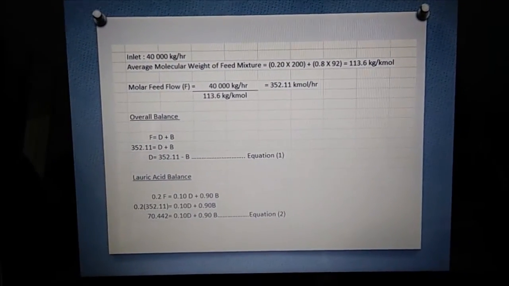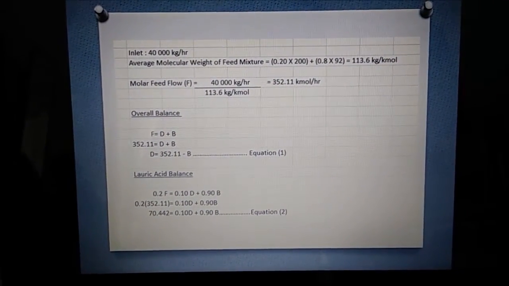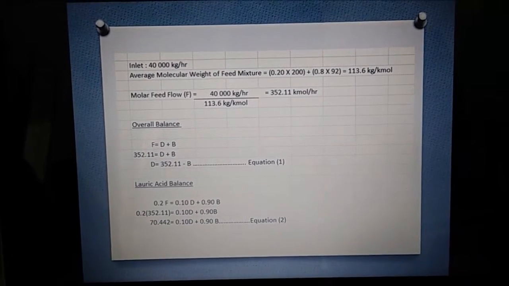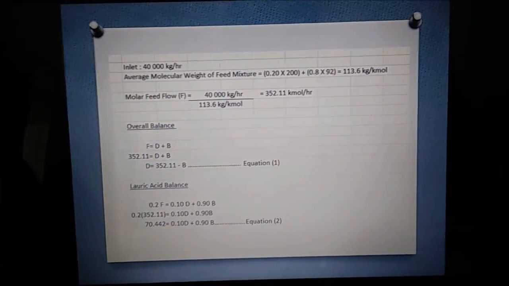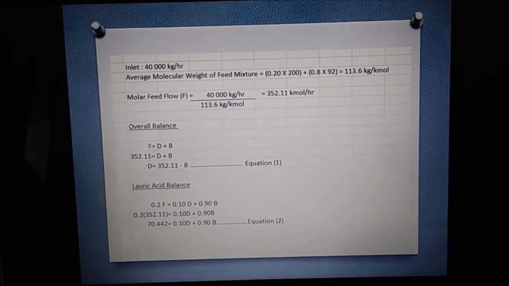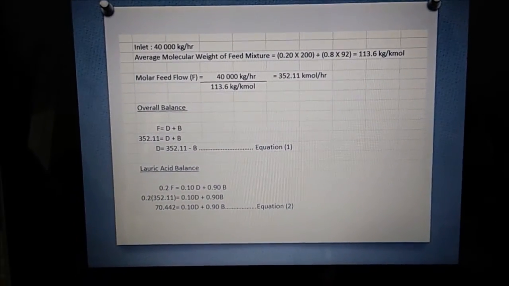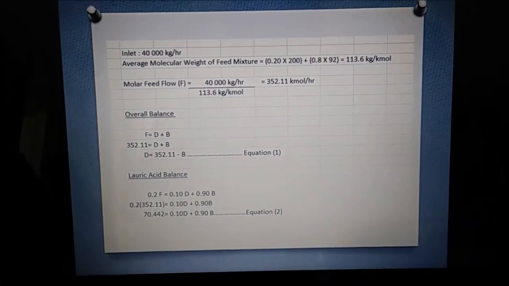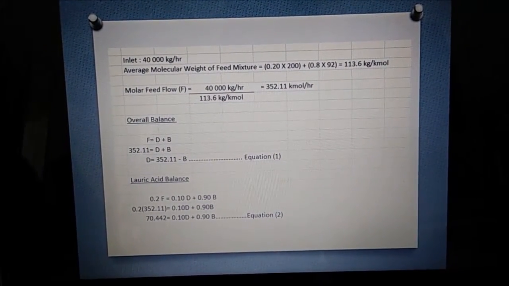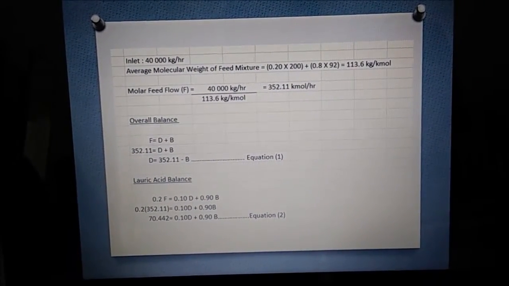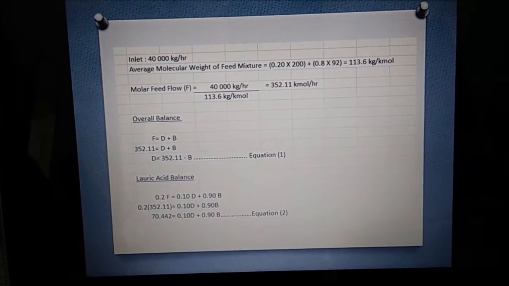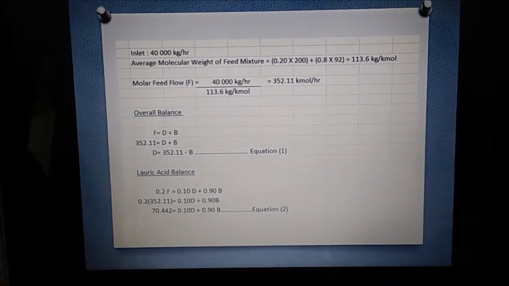For the overall balance, F equals D plus B, so 352.11 equals D plus B, and D equals 352.11 minus B, as equation 1. For the lauric acid balance, 0.2 F equals 0.10 D plus 0.90 B, as equation 2.